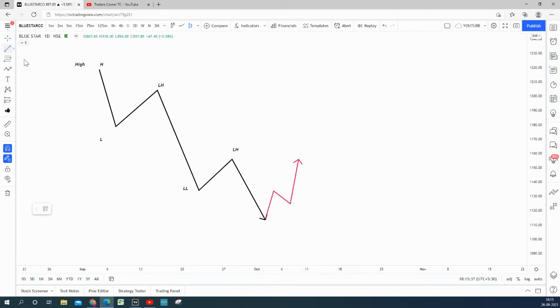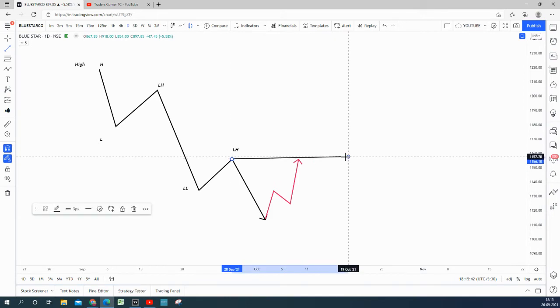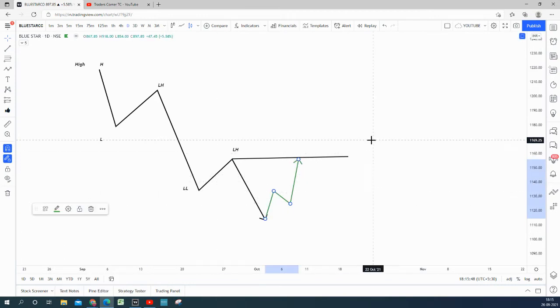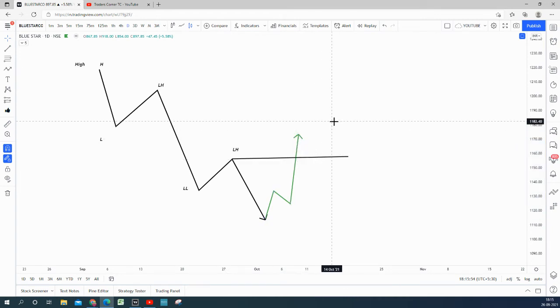But you conclude it as an uptrend whenever the price closes above the previous lower high, then only the uptrend is starting.